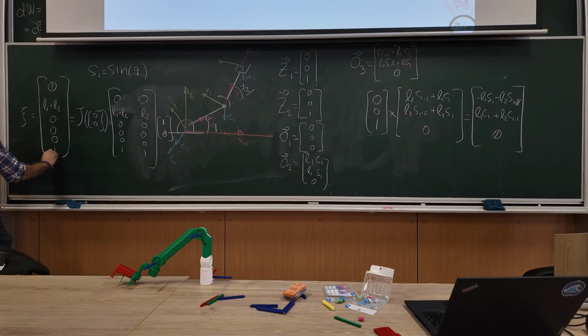Right. So what does this tell me? I will have 0 linear velocity in the x direction, L1 plus L2 linear velocity in the y direction, 0 on z, and then 0, 0, and angular velocity around z1, right?